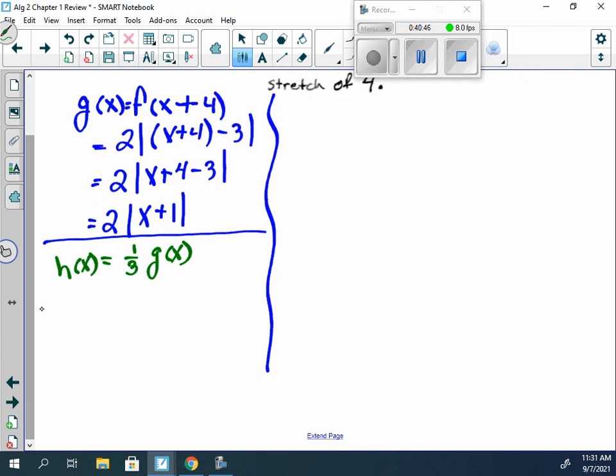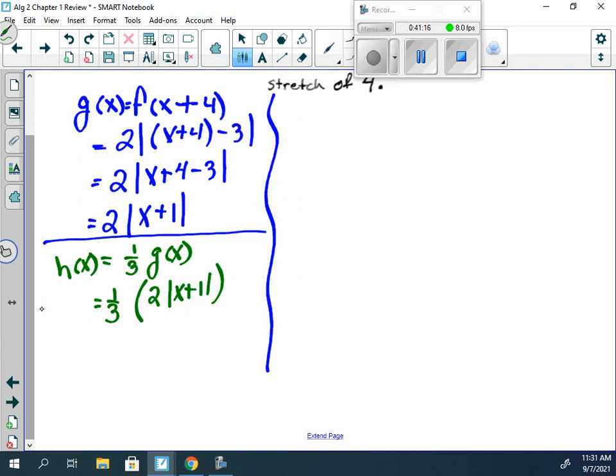Okay. So as we look at this here, 1/3 g of x is our vertical stretch and shrink, yes? Well, what is g of x? It's just 2 times the absolute value of x plus 1, yes? It should be 1/3 times, in parentheses, 2 times the absolute value of x plus 1, because that's our function, yes?